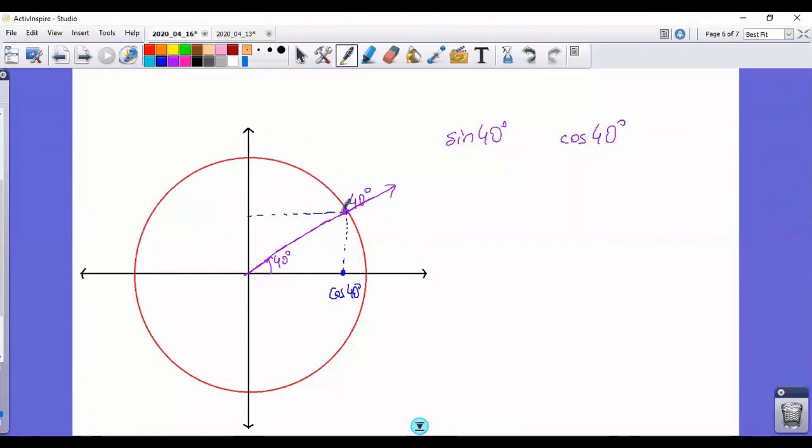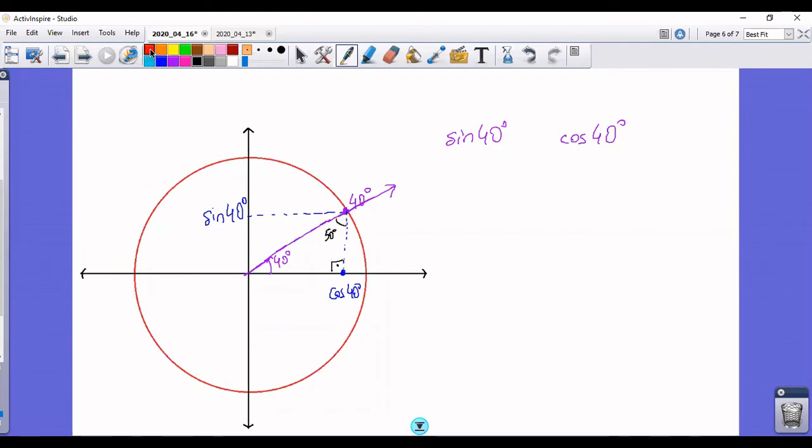And here this is sine of 40 degrees. Okay? So now, this is 90, right? 40. And what's the measure of this angle? If the measures of the angles add up to 180 degrees, so 90, 40, it must be 50 degrees.